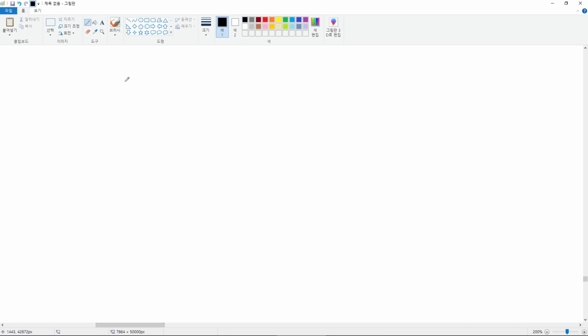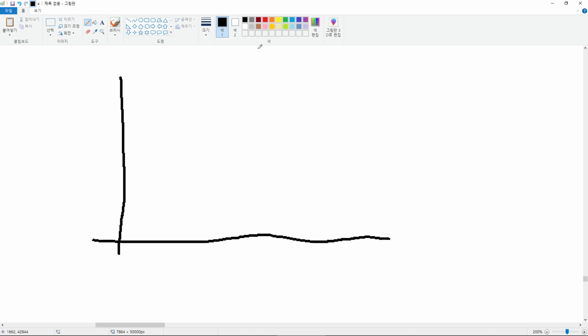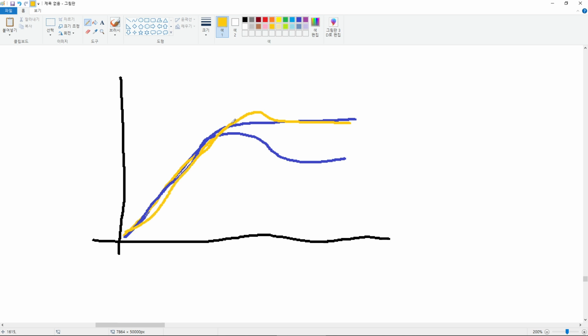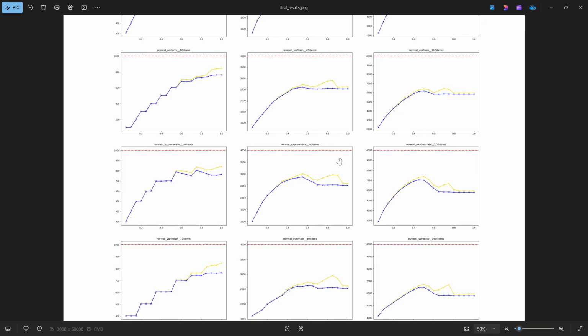At 40 items, the plateau level will just be like this, and the peak level will be something like this, usually. Or the plateau level could also be something like this, and the peak level something like this, and rather kind of like that.